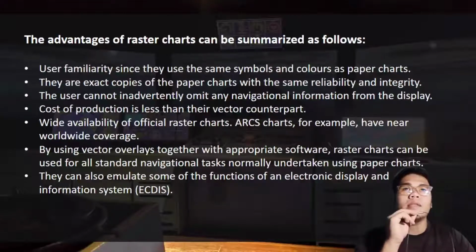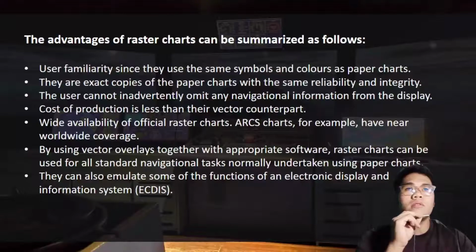Next, wide availability of visual raster charts. ARCS charts, for example, have near worldwide coverage. So one advantage is that they are very easy to find, and have wide availability. Next, by using vector overlays together with appropriate software, raster charts can be used for all standard navigational tasks normally undertaken using paper charts.